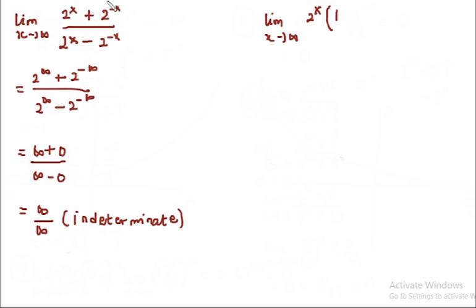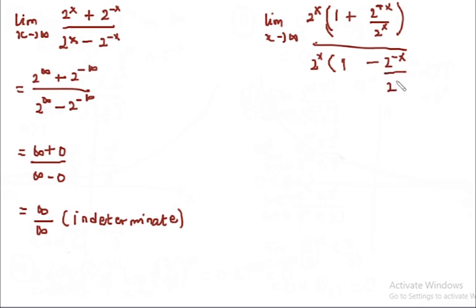Factorizing 2 to the power of x from 2 to the power of minus x, I have plus 2 to the power of minus x divided by 2 to the power of x. This is divided by, then factorizing 2 to the power of x here, I have 2 to the power of x, open bracket, 1 minus the same thing, 2 to the power of minus x divided by 2 to the power of x.